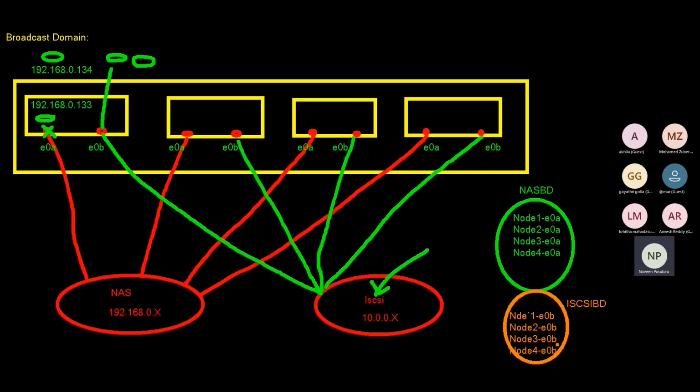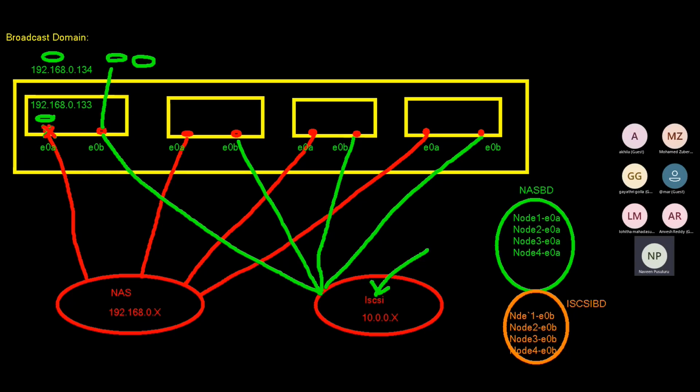So now if something goes wrong with my node 1 E0A interface, whatever LIFs I have configured on top of that interface can be moved to other ports in the same broadcast domain. What other ports do I have in this broadcast domain? Node 2 E0A, node 3 E0A, or node 4 E0A.